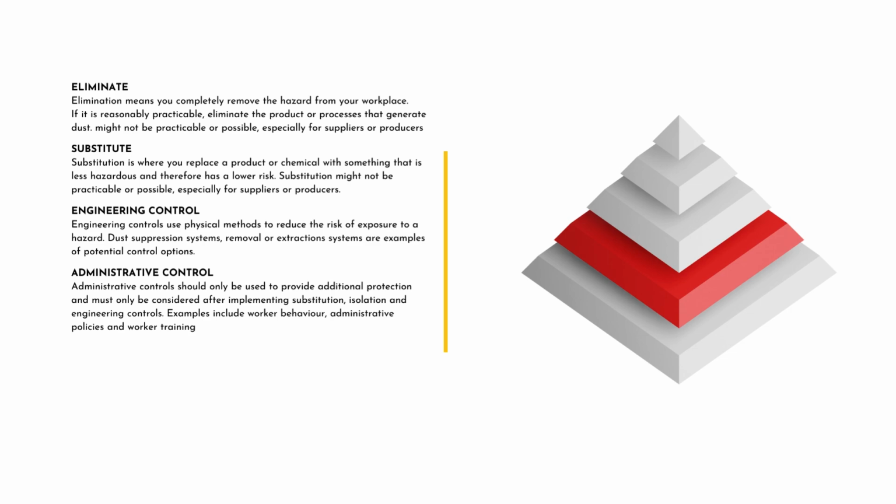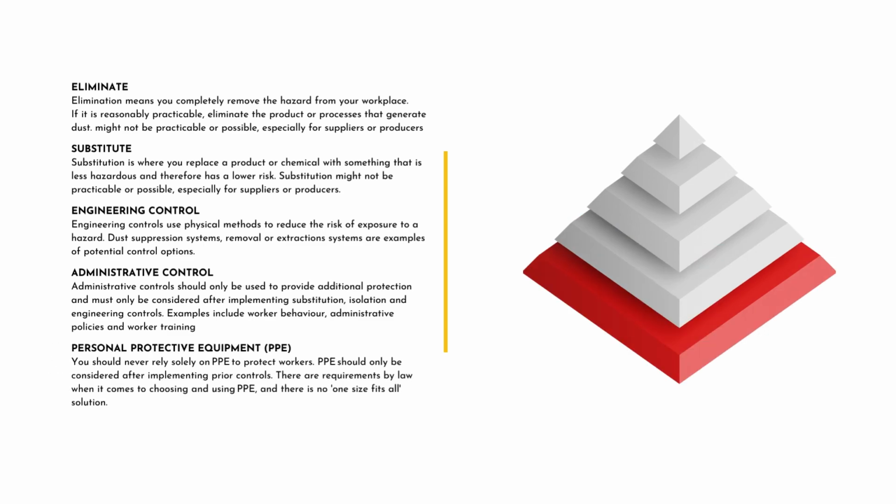Administrative control is essentially the paperwork and training side of health and safety in the work environment. It means ensuring that workers are well trained, there are adequate policies and procedures when loading to minimize exposure to dust. And that leads into personal protective equipment or PPE, which I'm sure we are all very familiar with.